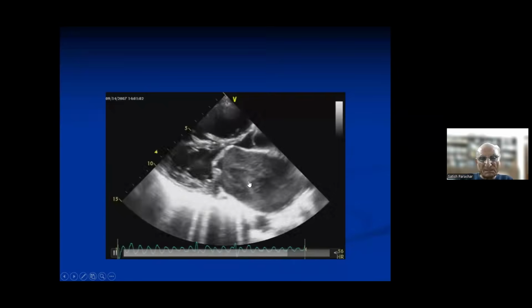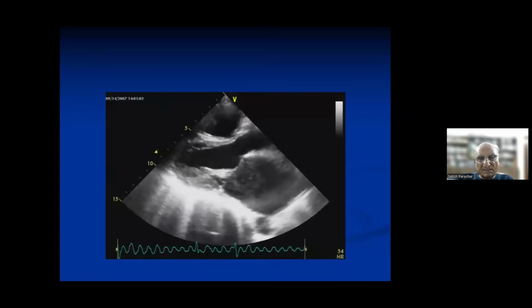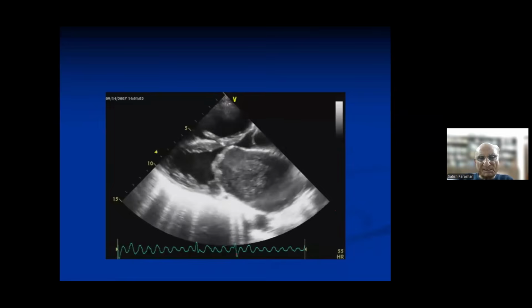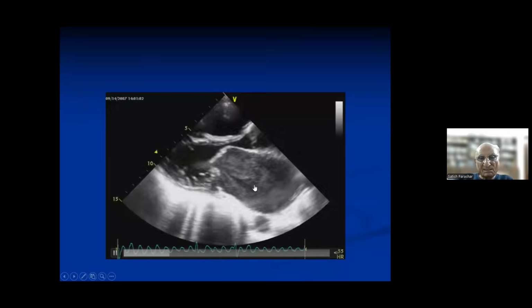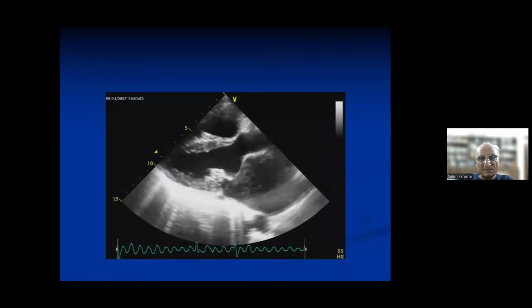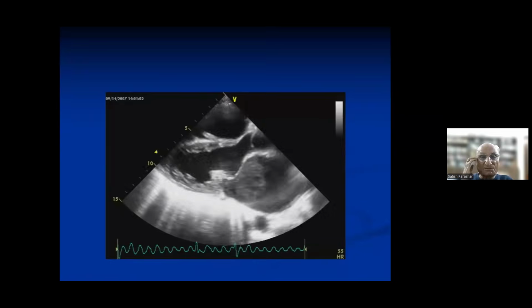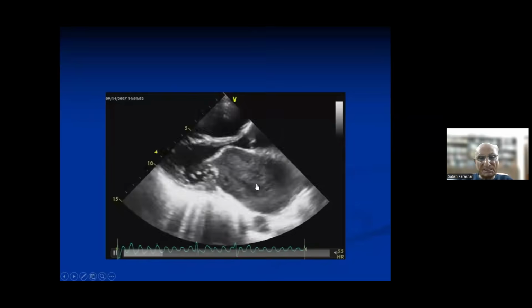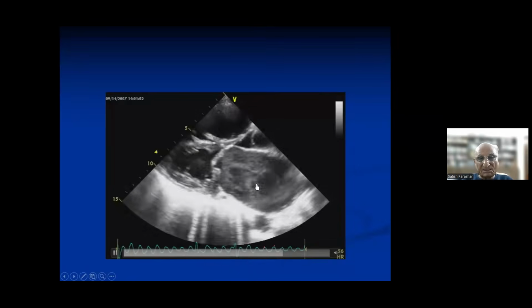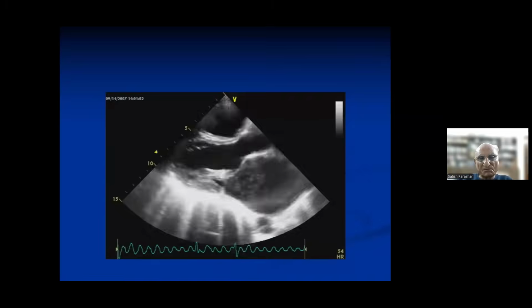Remember, the importance of this is that these are followed many times by a thrombus. The thrombus may not be visible now. When you see a smoke or the spontaneous contrast echo, always look for a thrombus. Secondly, every thrombus is associated with a spontaneous contrast echo, because of a low flow state.